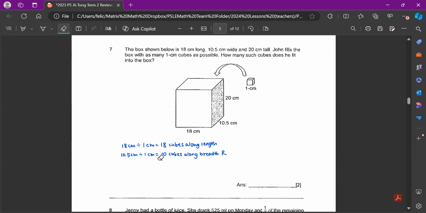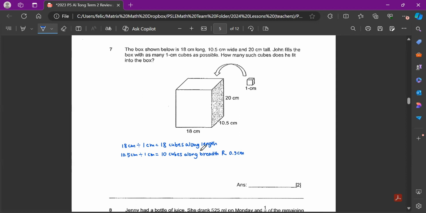What you do is you take 10 multiplied by 1 first, because 10 cubes of 1 cm means 10 times 1. 10 times 1 is 10 cm. Then to find the remainder, you take 10.5 minus off that 10 cm from this product, which will leave us with a remainder of 0.5 cm.